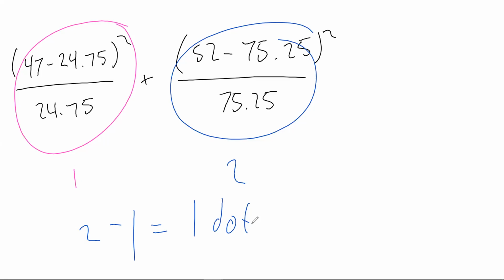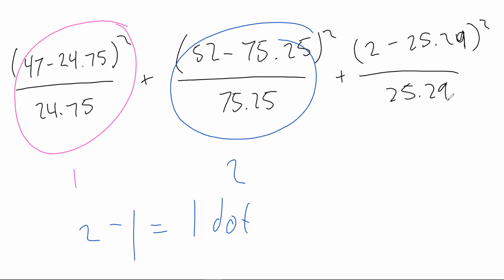Okay. To further expand, if I added 1 more time, like say for instance, I did plus, I don't know, what's a random value? Plus 2 minus 25.2429 squared divided by 25.29. Let's change all the numbers on the bottom.